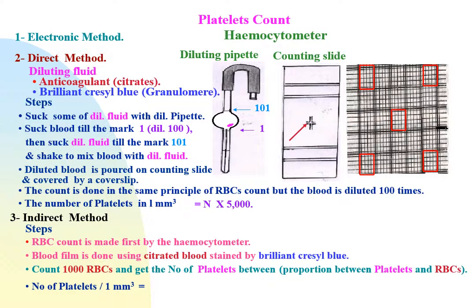The number of platelets present in 1 cubic millimeter equals the number of RBCs counted by the haemocytometer multiplied by the proportion between platelets and RBCs, that is, the number of platelets counted divided by 1,000.